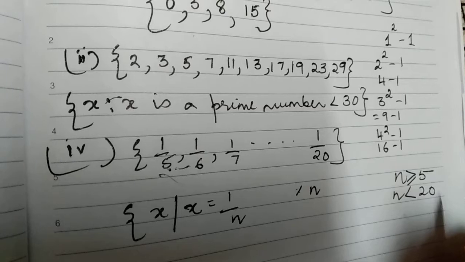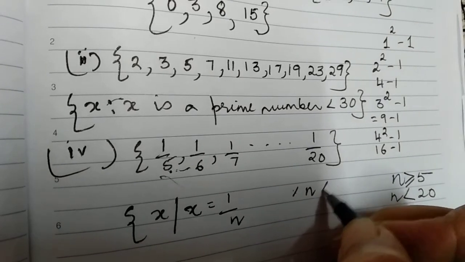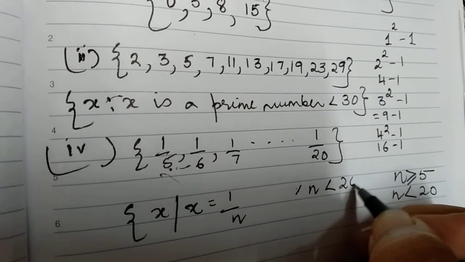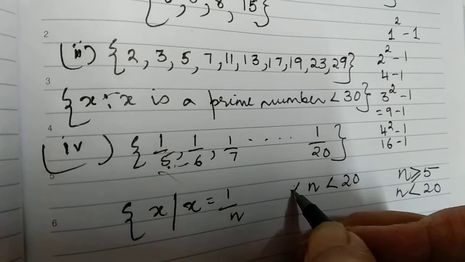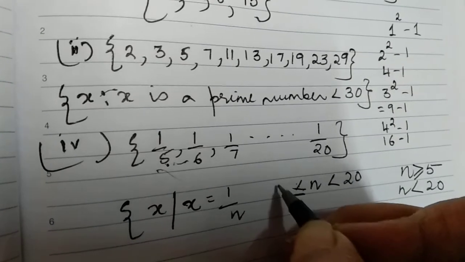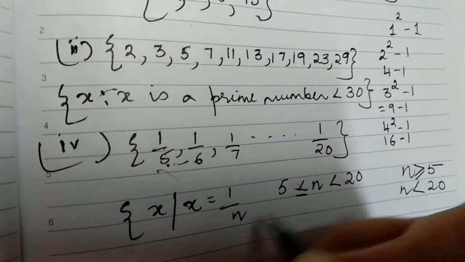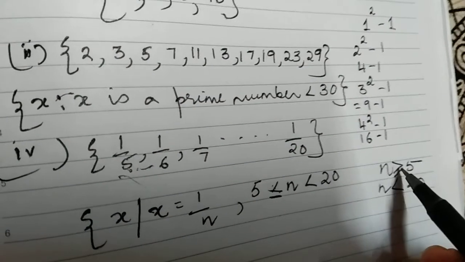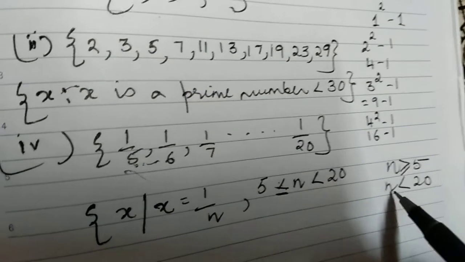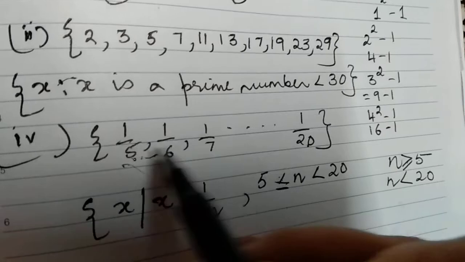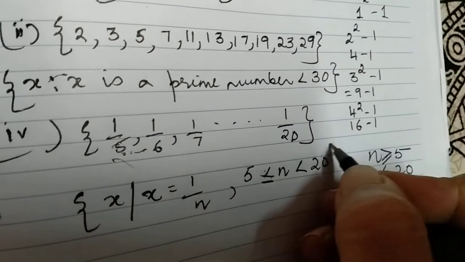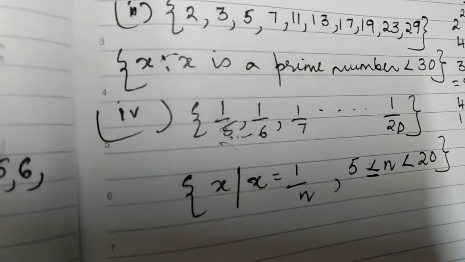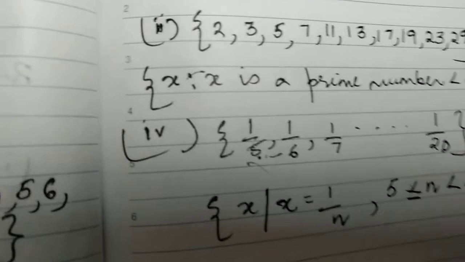So n is less than 20 and n is greater than or equal to 5. So you have to look for these common properties. Understood? So this is how you have to do it.